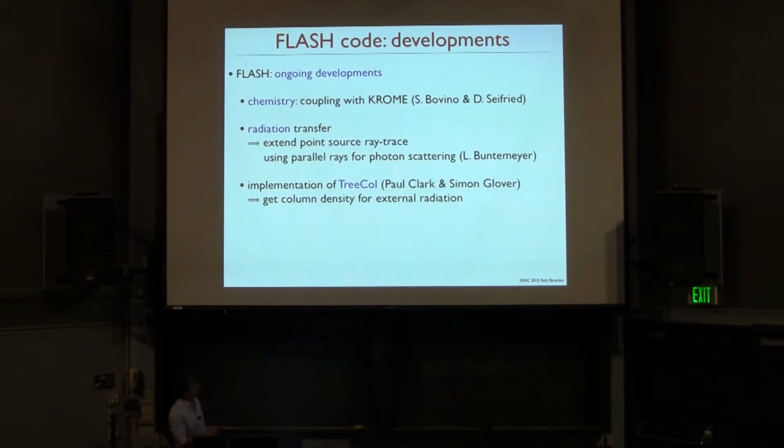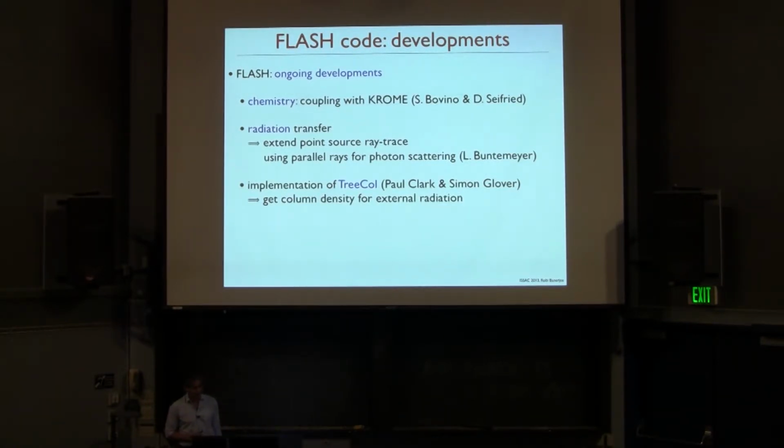But there's also an ongoing development putting a chemical network called Chrome into the Flash code, and this seems to work quite well so far. This is essentially a separate solver for the chemical network, depending of course on the species you put in and the complexity of your fluid.